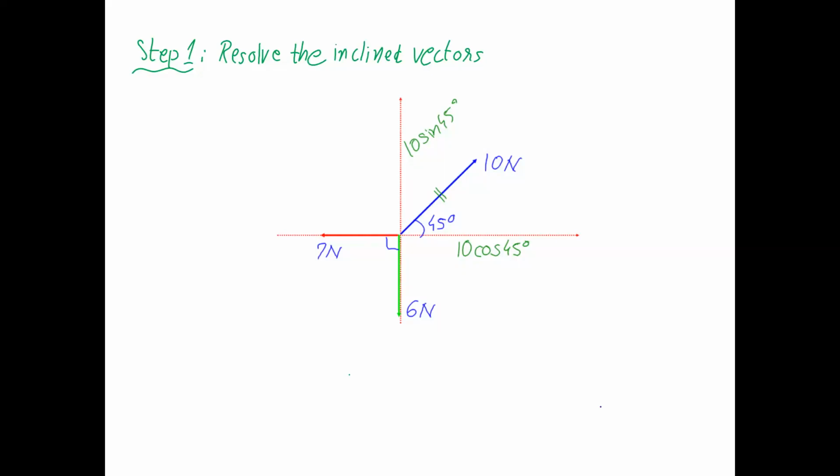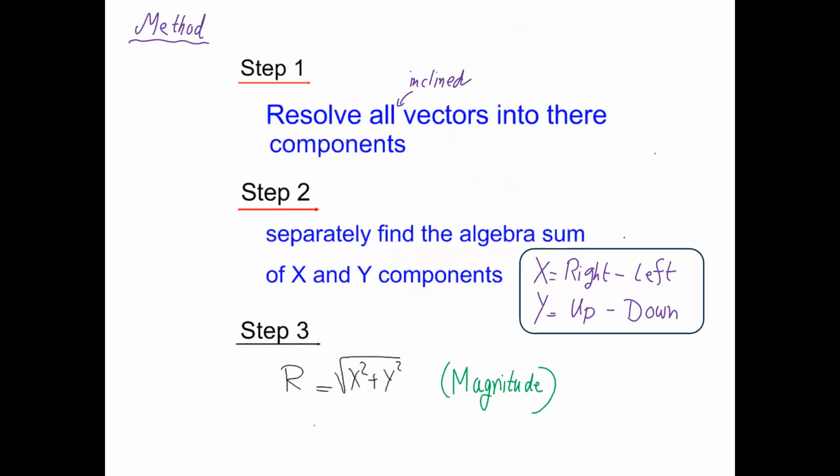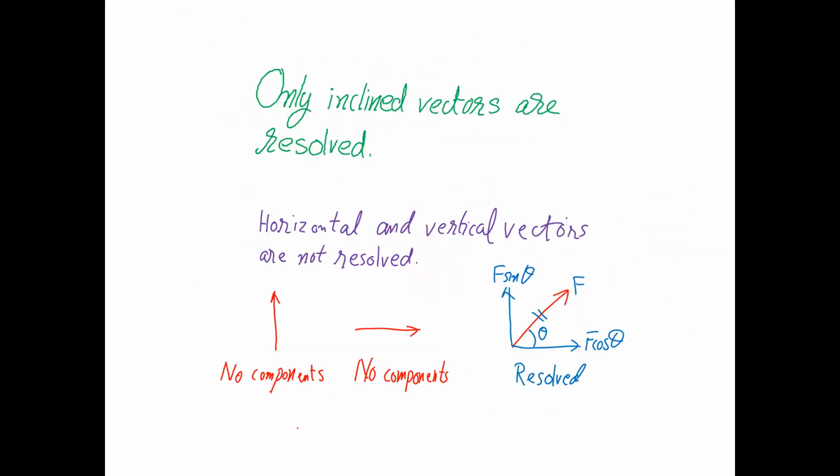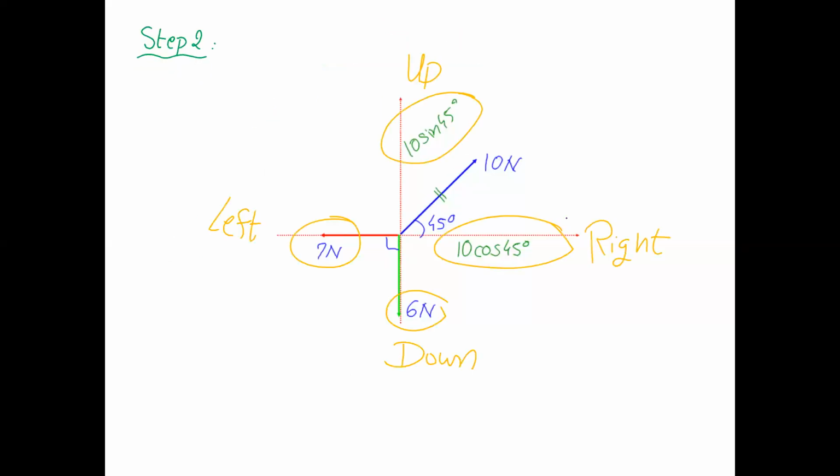And what is the formula written in front of it? R is equal to the square root of x squared plus y squared. No, the box formula. Oh, x is equal to right minus left and y is equal to up minus down. Now apply this here.